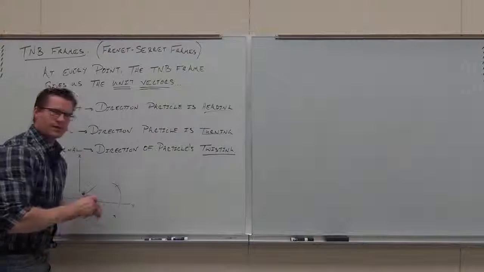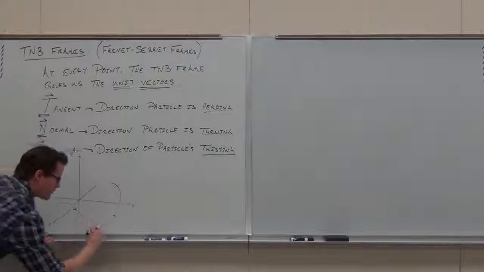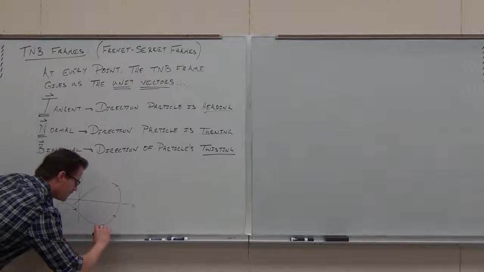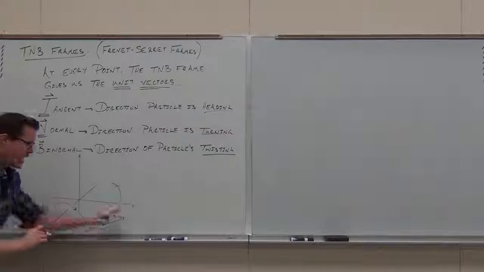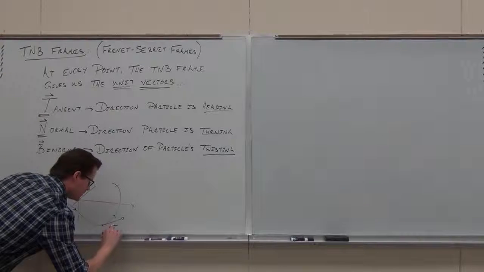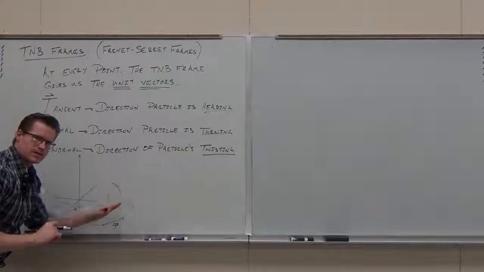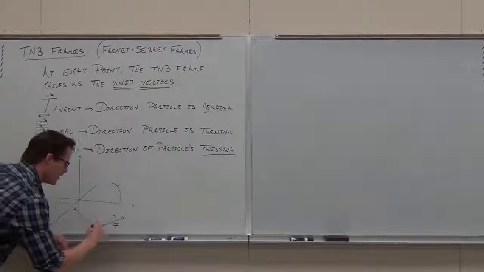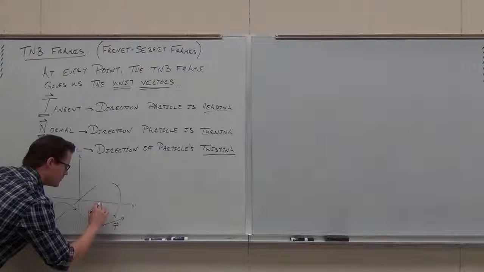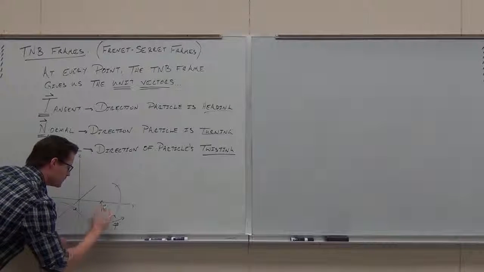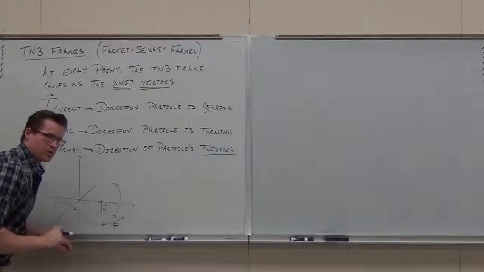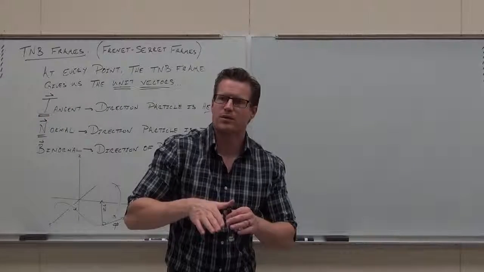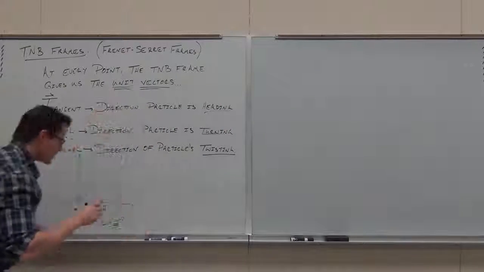So if I wanted to overlay the TNB frame, I'm going to try to do it right here. At every single point, here's what's going on. We have this tangent. The way the plane is, at that moment, heading, the direction where the particle is heading at that moment. We have the normal. That's perpendicular to the T, the unit tangent. It's where the plane is turning. And then we have this other one.